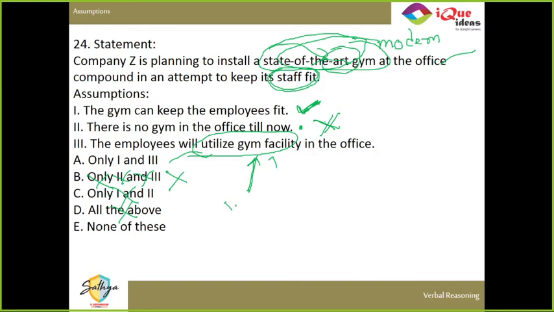So obviously I have to assume that they will use this facility. So both the first one and the third one are assumptions which are required. So option A is my answer. Are you getting it? Option A is my answer, because both the first and the third one are required as assumptions.